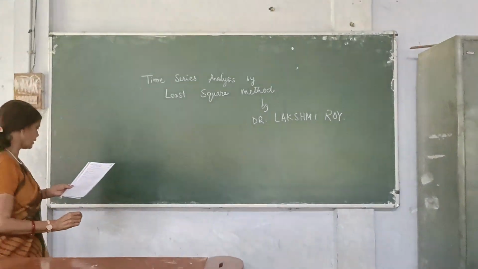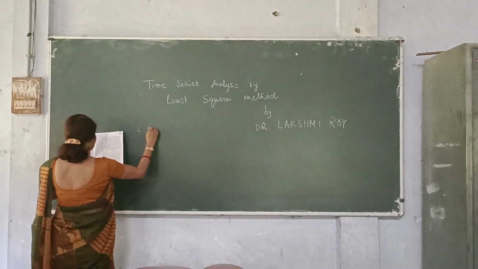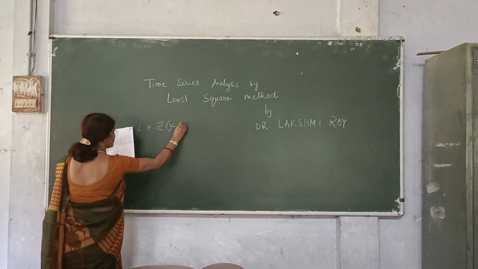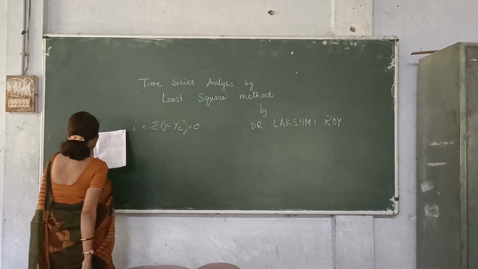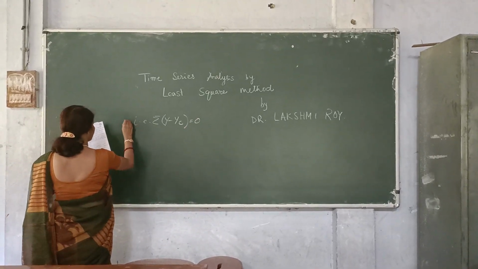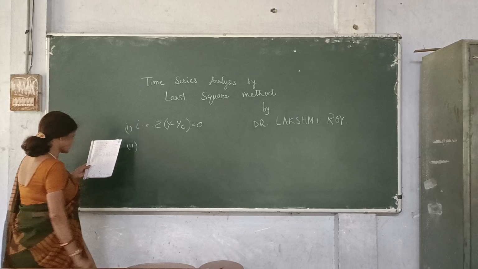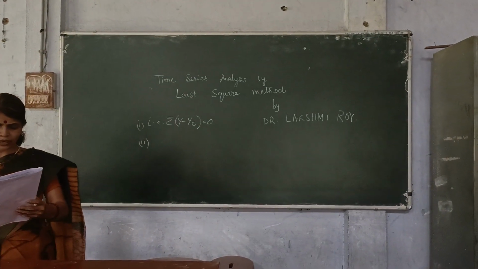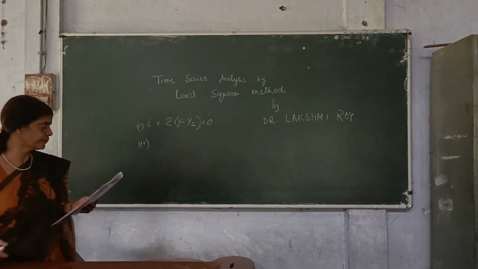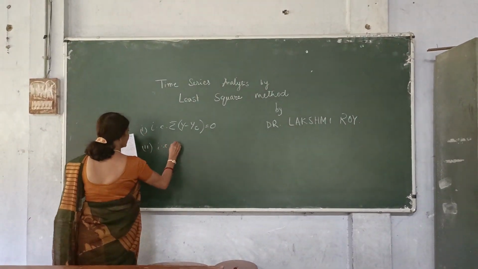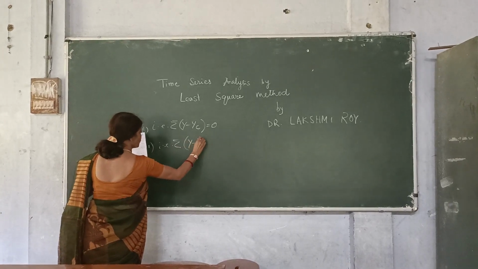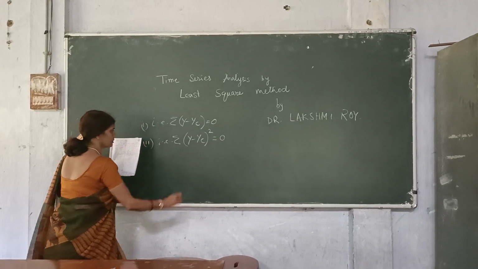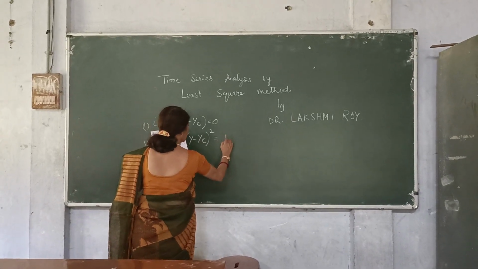That means summation of y minus yc equals 0. The second condition is that the sum of the squares of the deviations of the actual points and the computed values is minimum. That is, summation of (y minus yc) whole square will be least.